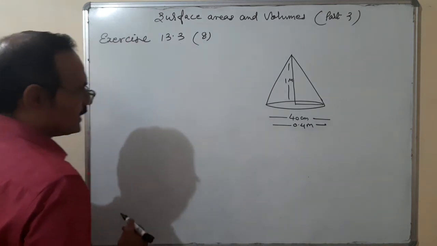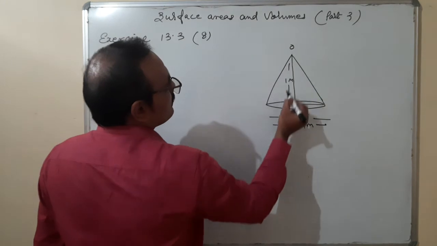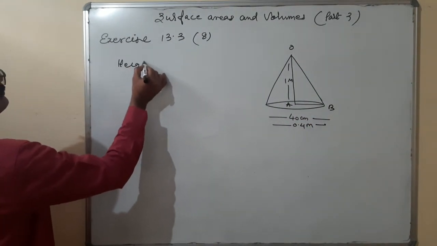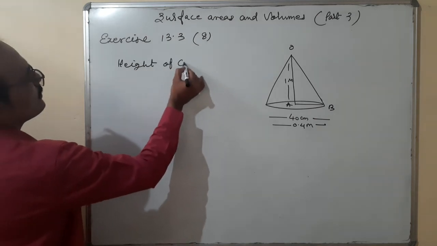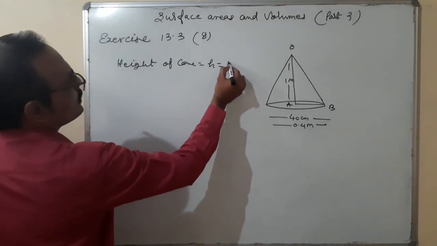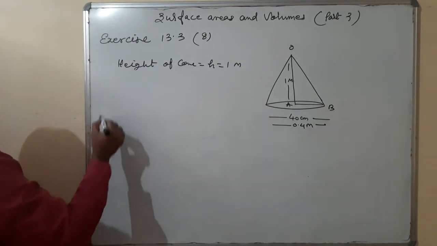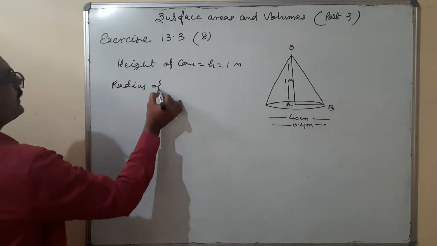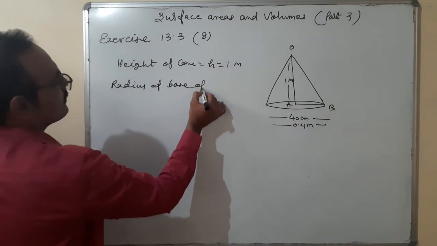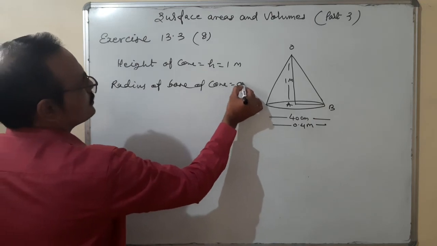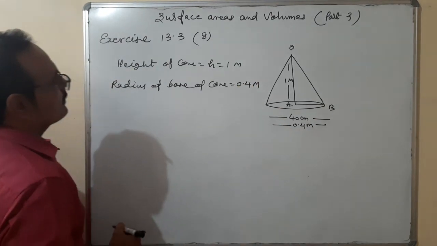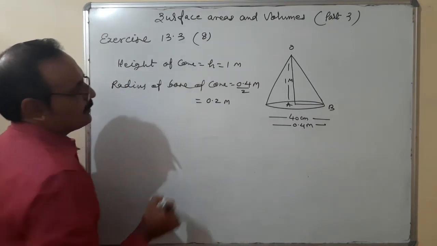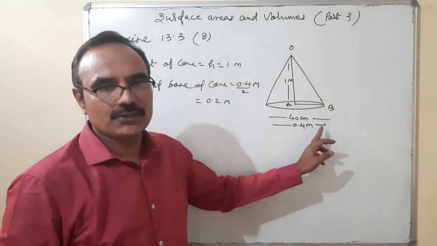So I'll write here height of cone h is equal to 1 meter, and radius of base of cone is equal to 0.4 divided by 2, that means 0.2 meter. Because diameter is 0.4, therefore radius is 0.2.